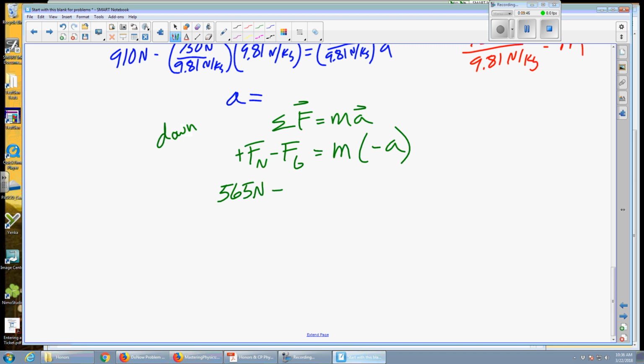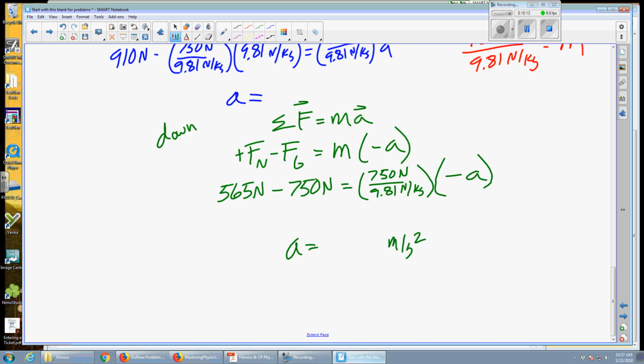Minus, well, I know the weight now, so I'm just going to take that shortcut, times negative A. Rearrange and solve for A, which would be in meters per second squared.